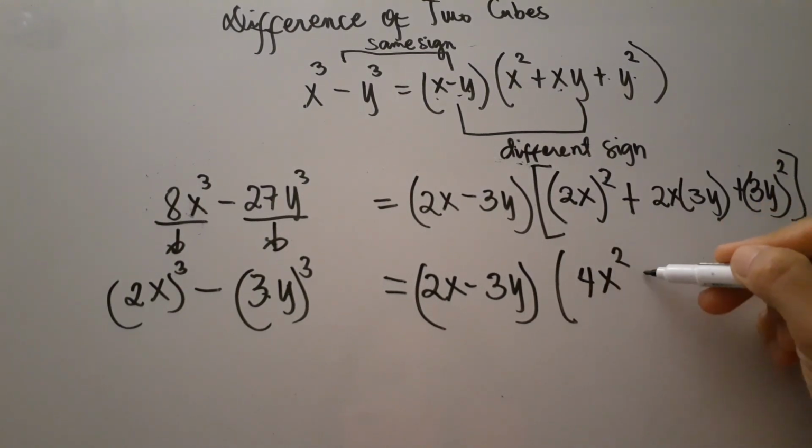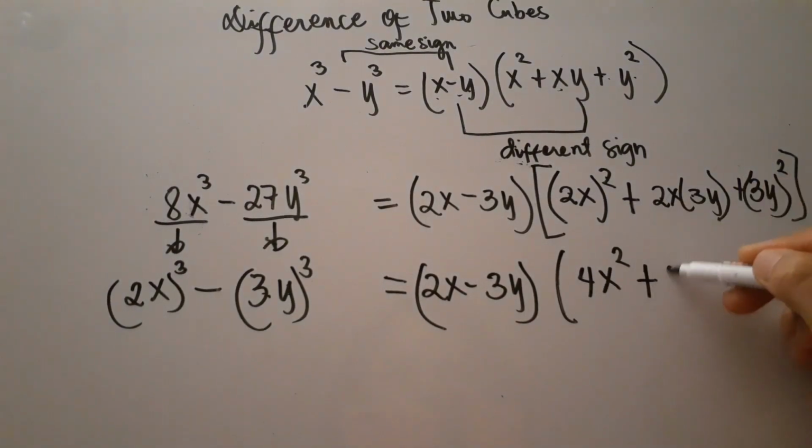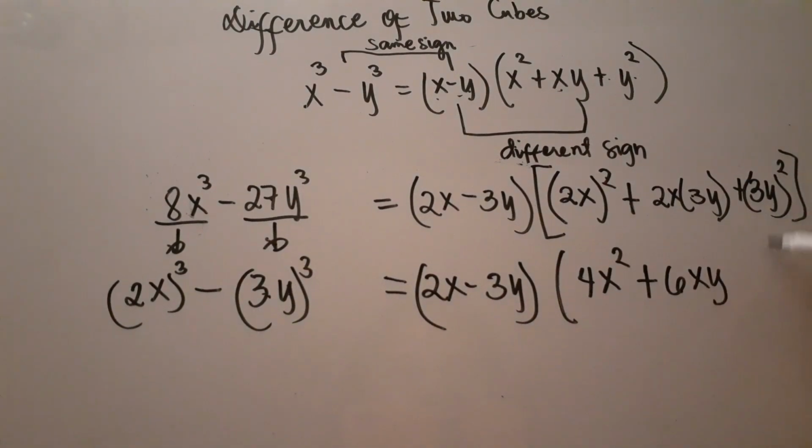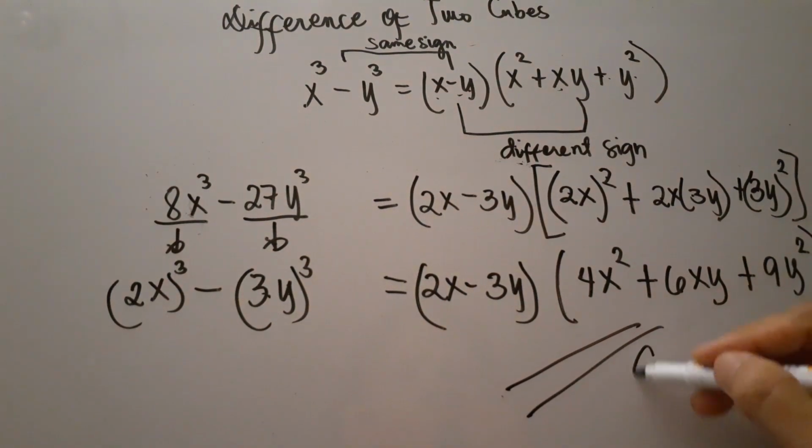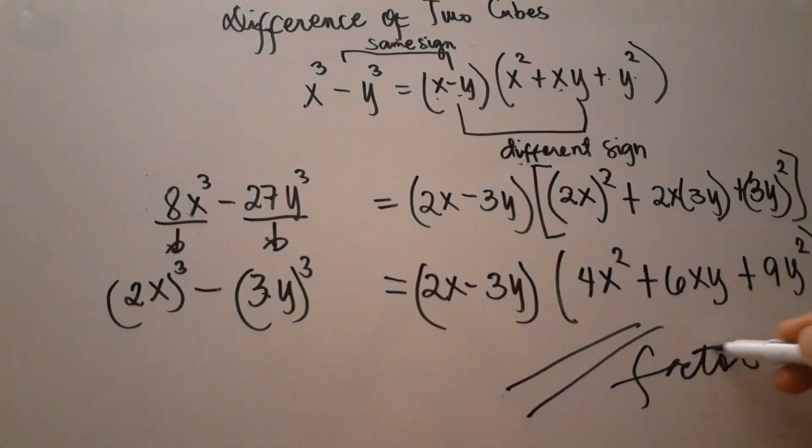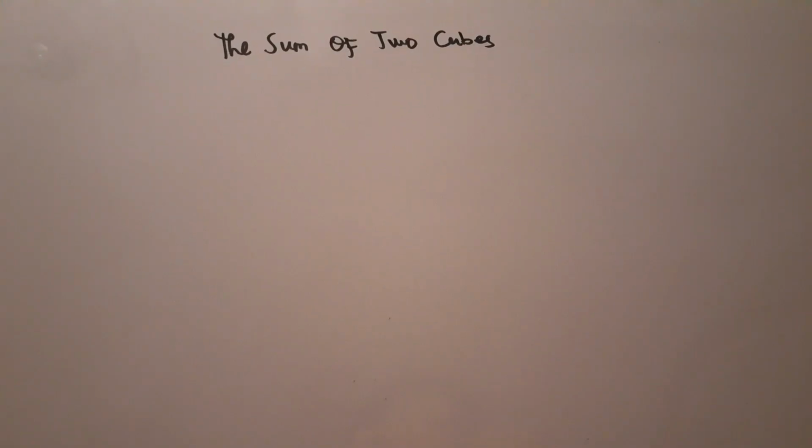Then x times x becomes x squared. Remember the rule of exponent. Then 2x times 3y becomes 6xy. Then the square of 3 is 9. Then y squared. And this is our factor. Remember, when you check that, you can use the multiplication process.